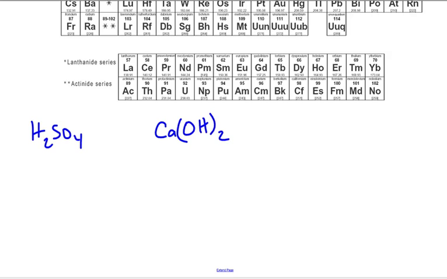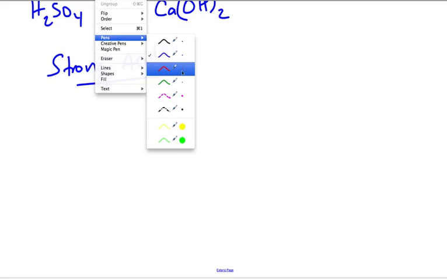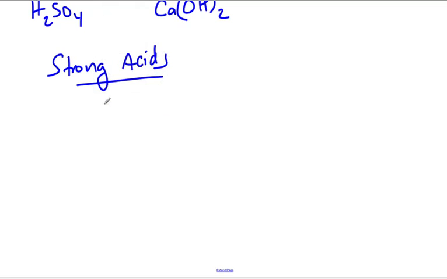I want to make sure that I'm giving you guys the right information. Strong acids are strong electrolytes, but we're going to first just know them. Let me change my color to red. Strong acids are going to be HCl, HNO3, that's nitric acid.